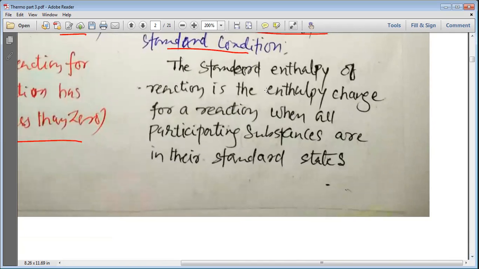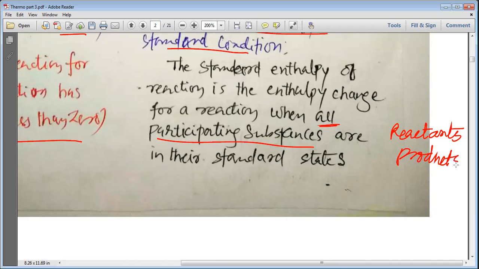The standard enthalpy of reaction is the enthalpy change for a reaction when all participating substances, remember this, may it be reactants or products, both, are in their standard states.